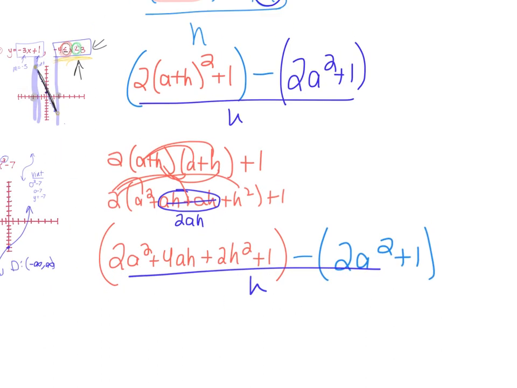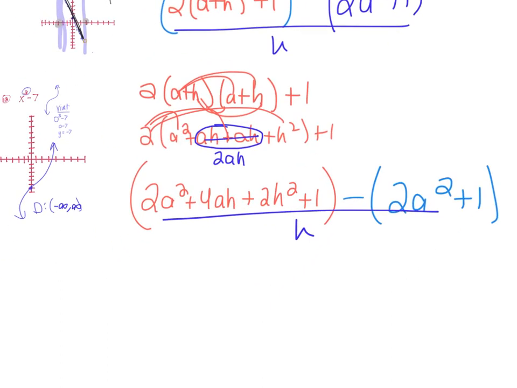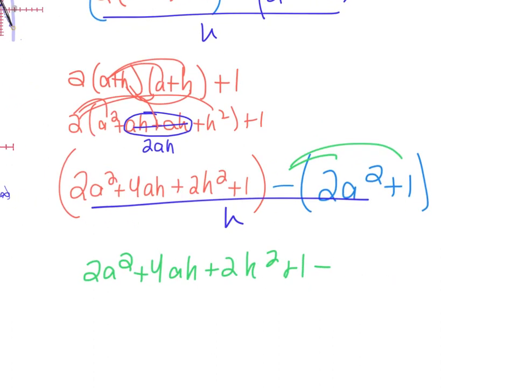H. You distribute the negative? I have to distribute the negative. Fantastic, Christian. Good. So when I do this, I have 2a squared plus 4ah plus 2h squared plus 1. I rewrote the first parenthesis. When I distribute this, it becomes minus 2a squared and minus 1.